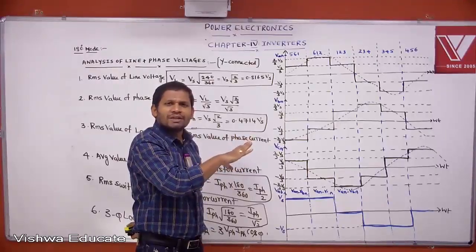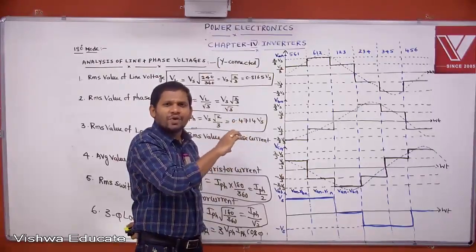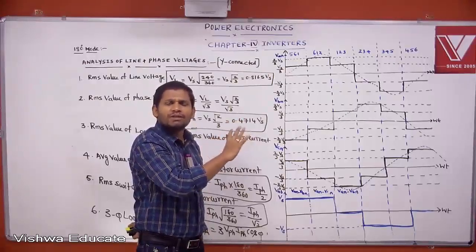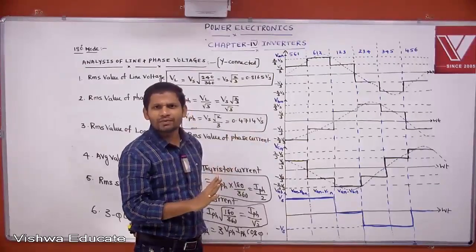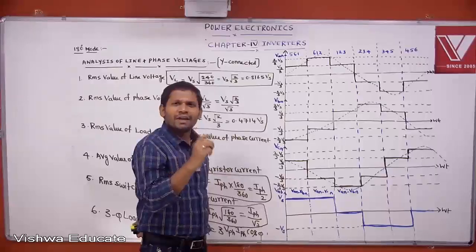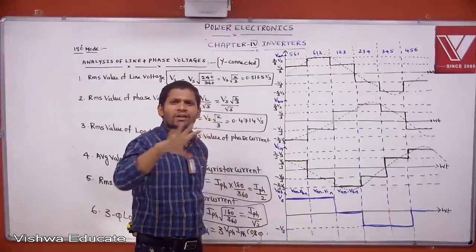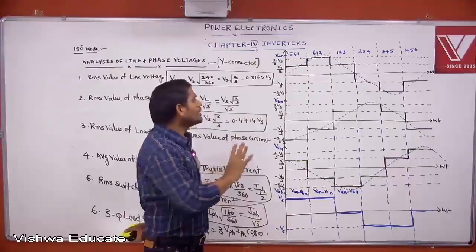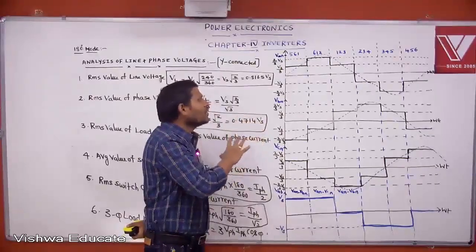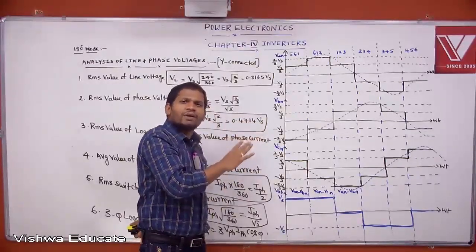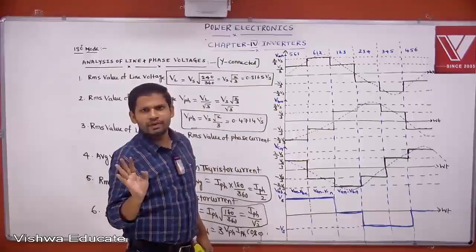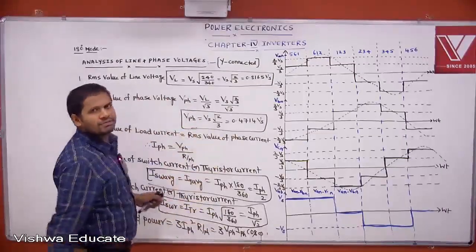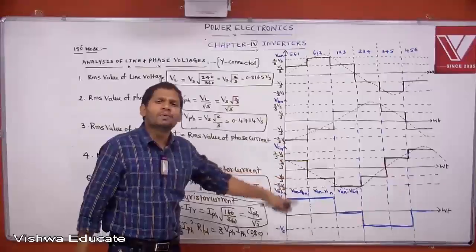That formula you concentrate on. After the summary, I will write some formulas. Once I write the equation, from that I will write some formulas. That is important from the competitive point of view. No need to apply again, calculating A naught, An, Bn, substituting, deriving all this. No need of this. Understood? Now see, what is the Fourier analysis of 180 degree mode, for line voltage and phase voltage? Why are we going for Fourier analysis? Because it is not pure sinusoidal.